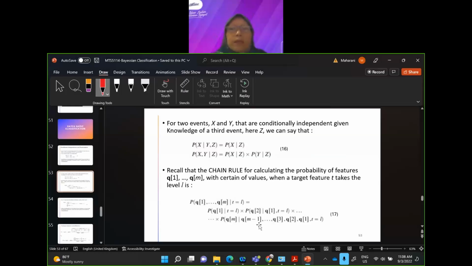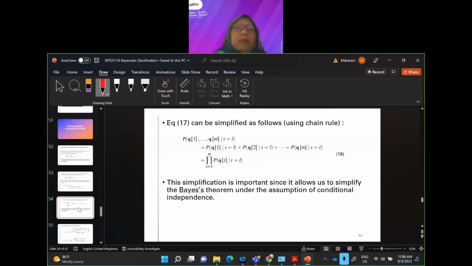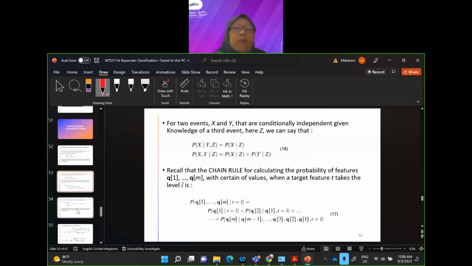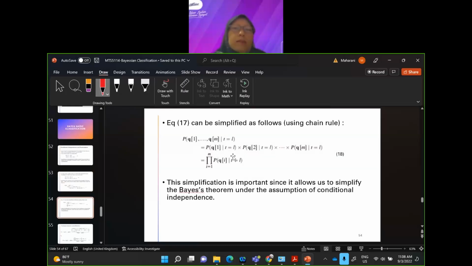This is still the same thing as the previous formula. Now with conditions Q1, Q2, and so on being independent, equation 17 can be simplified as this.